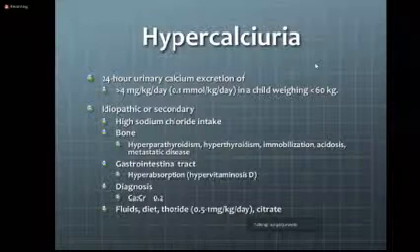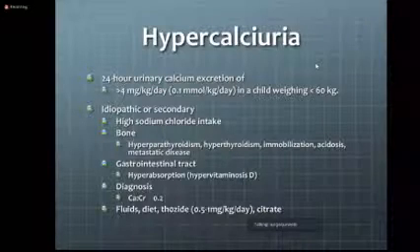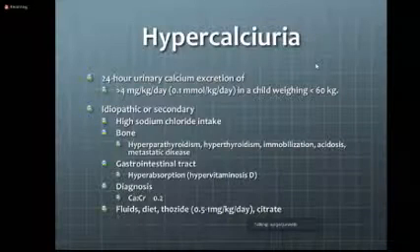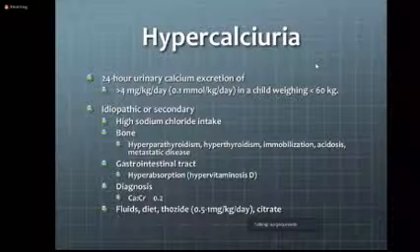The increased absorption of calcium and subsequently increased calcium excretion is seen in hypervitaminosis D. This is a fashionable thing these days, to take vitamin D. If your vitamin D levels are already normal and you absorb more calcium from the gut, as a consequence you will be excreting more calcium from your urinary tract, and as a consequence, you can develop stones.